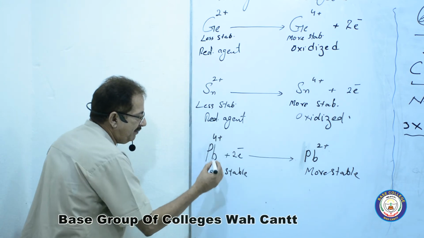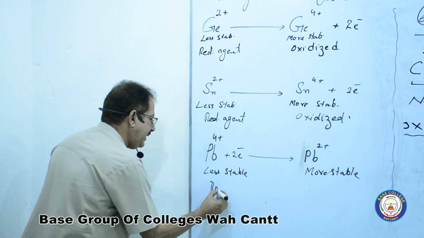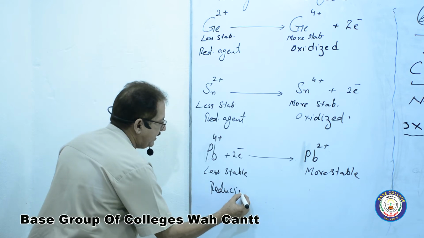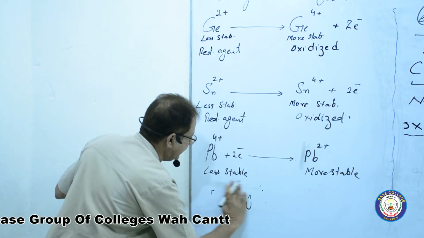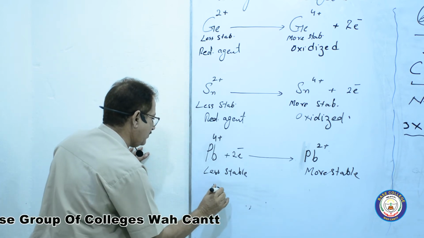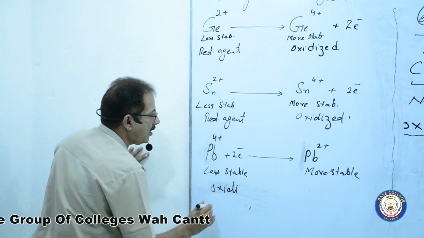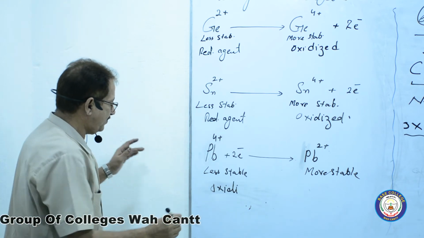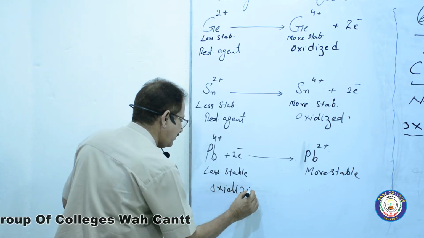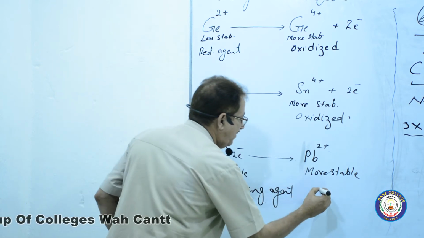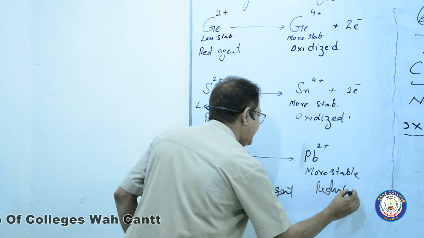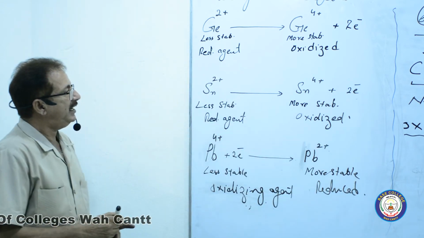So this time Pb 4 positive is acting as a reducing agent, no, oxidizing agent, and itself it has been reduced.